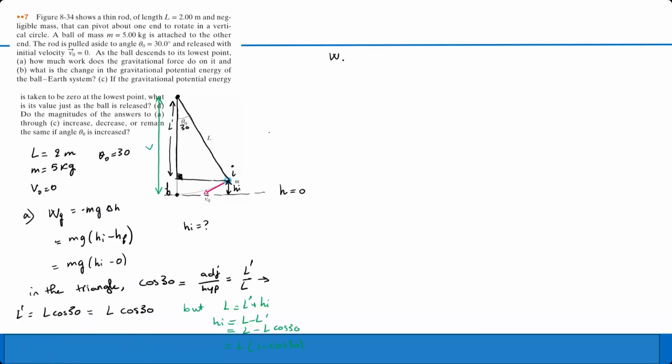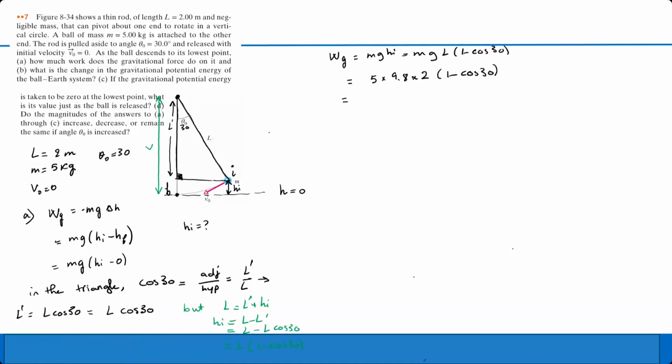The work done by gravity will be mgh initial, which is basically mgL times 1 minus cosine 30. This is basically 5 times 9.8 times 2 meters times 1 minus cosine 30.